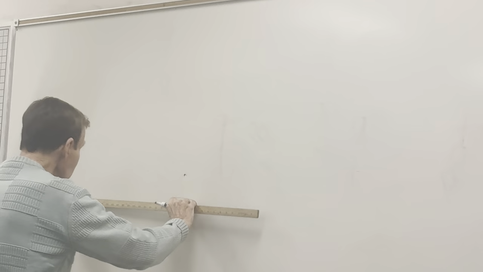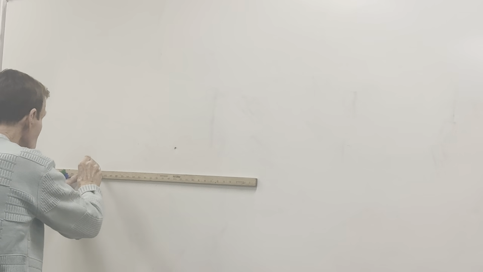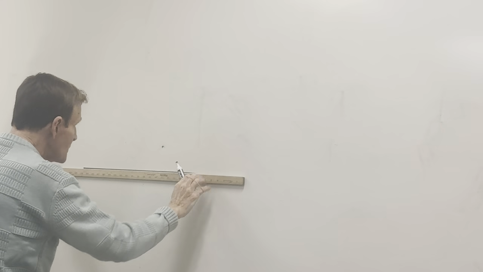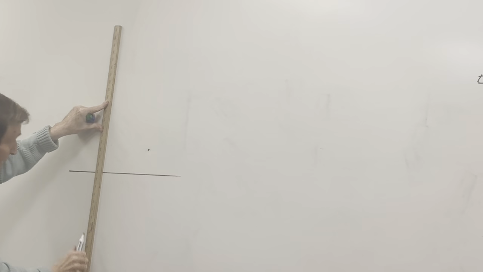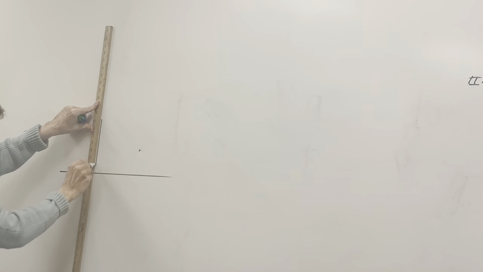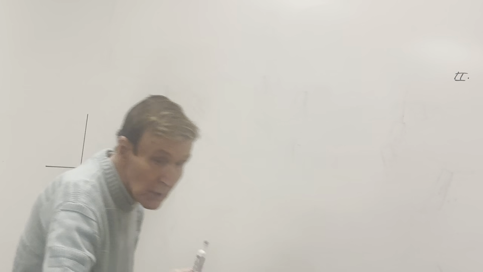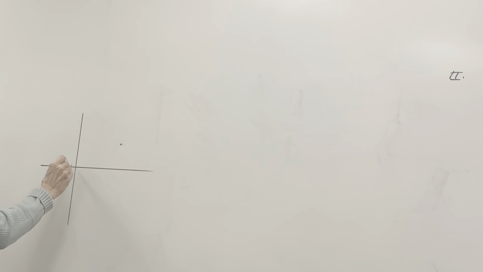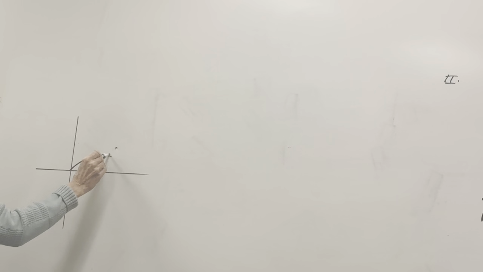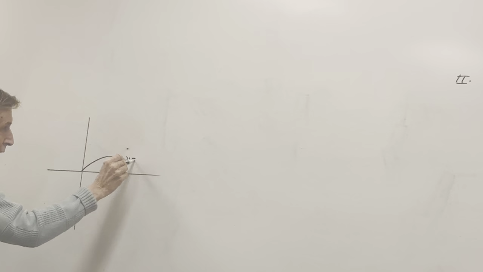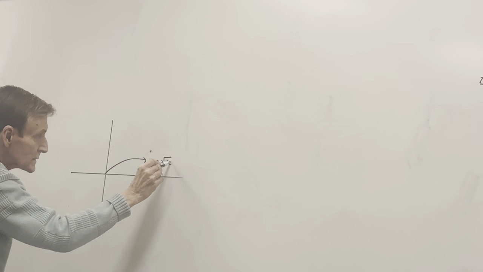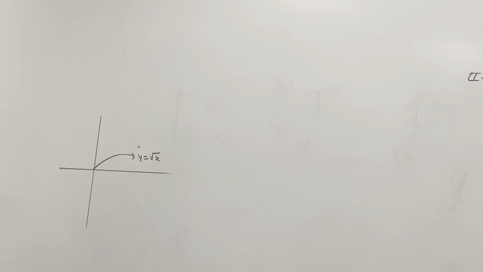And that's going to be my parent. Let's say it does this. See if you guys will agree. We'll label as I move along. Is that what my parent graph should sort of look like?